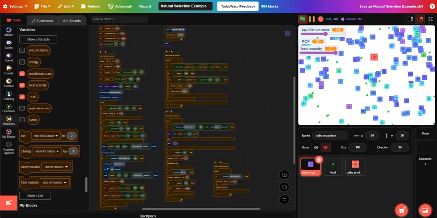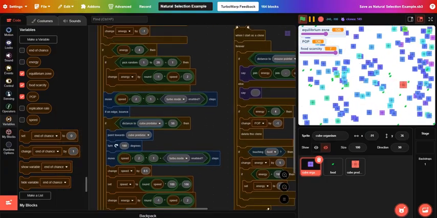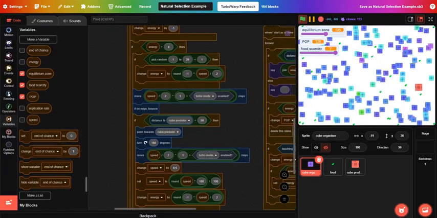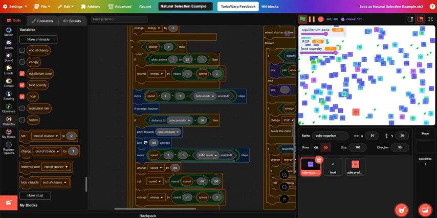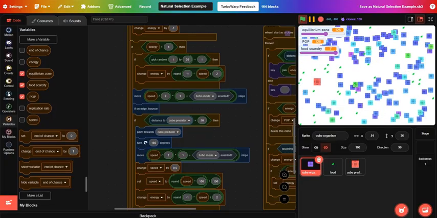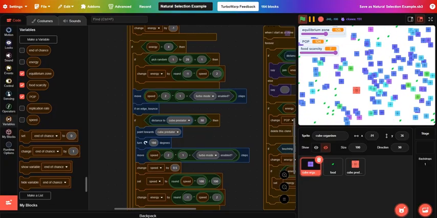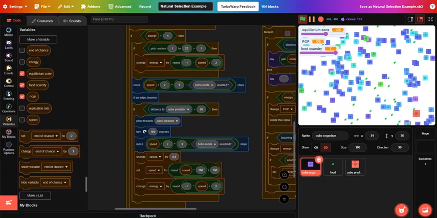And in the cube organism, here it checks if the distance to the cube predator is less than 50, then they point towards the cube predator, but you don't see it because the direction is left-right. They turn 180 degrees to face away from it and then move speed divided by 2 times 1 plus turbo mode enabled.